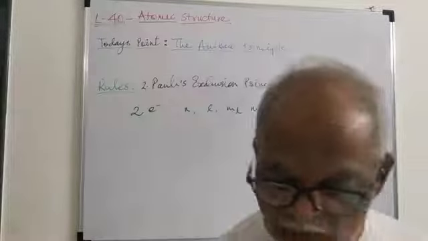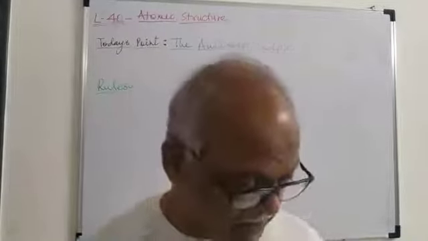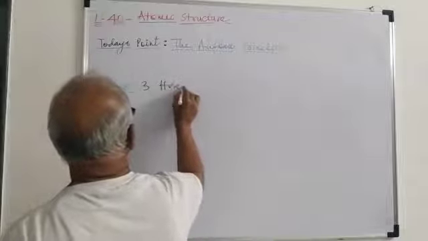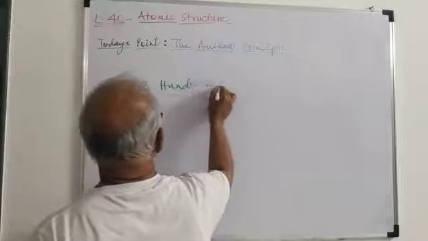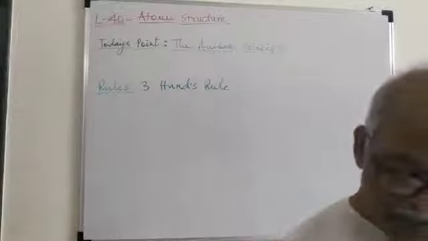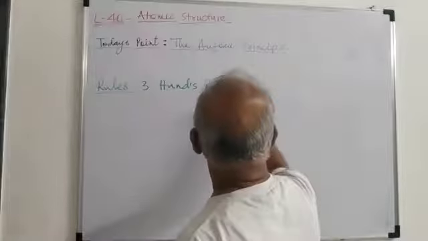Then the third rule is Hund's rule. So Hund's rule is considered for maximum multiplicity.